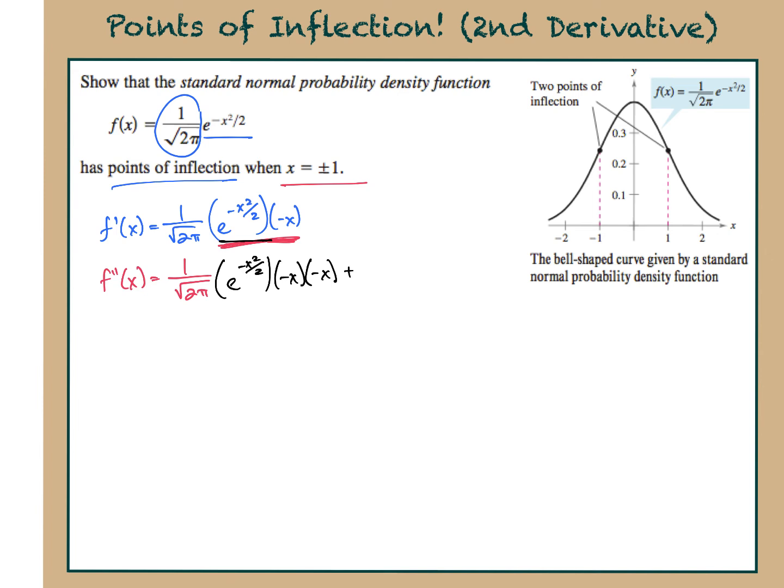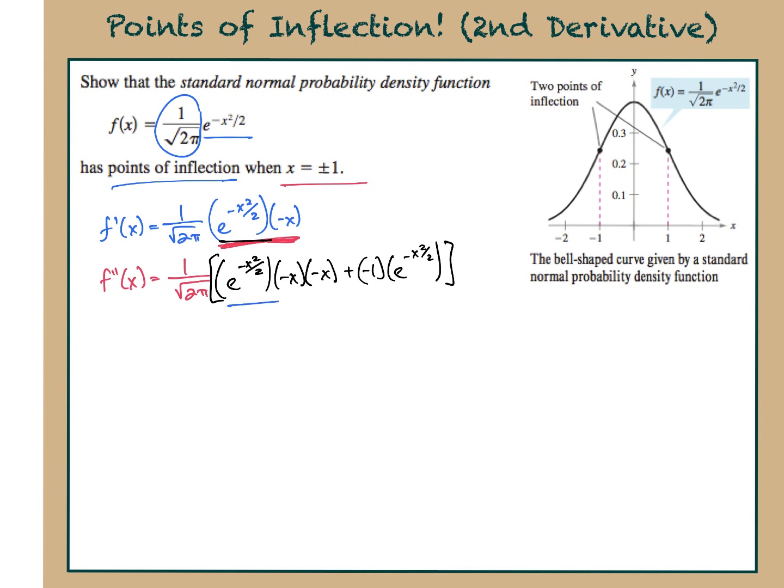And then plus, what's the derivative of my second? Negative 1 times the first, e to the negative x squared over 2. And so what could we factor out of that part?